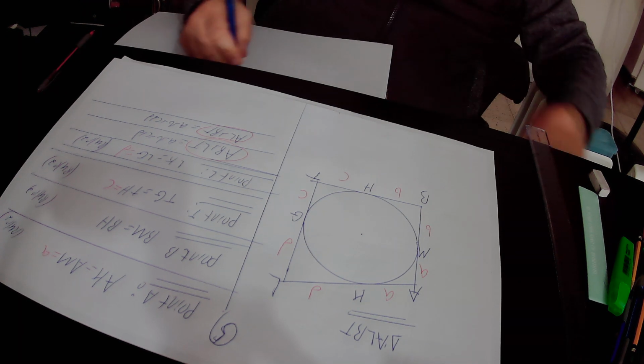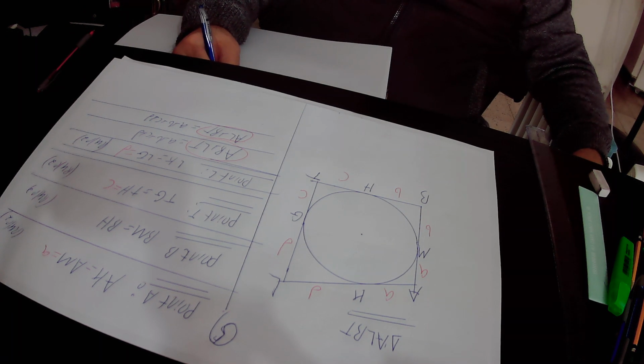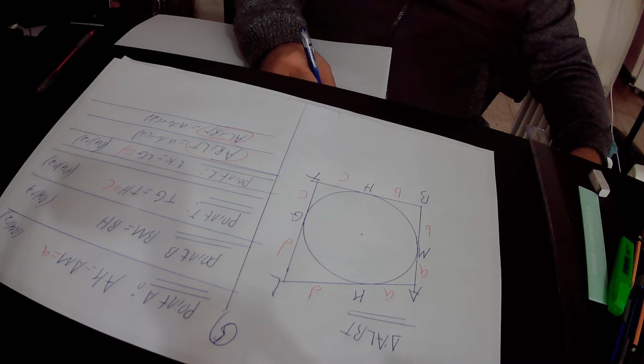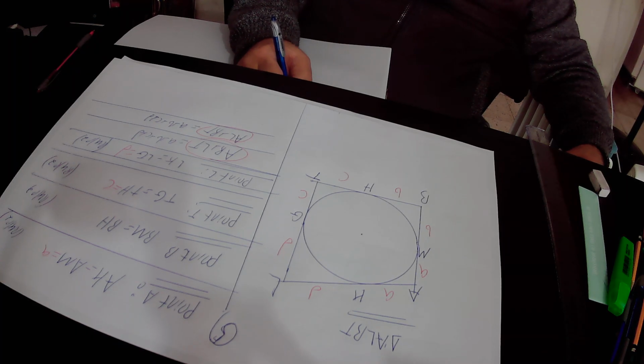That is to say, AB plus LT equals AL plus BT.